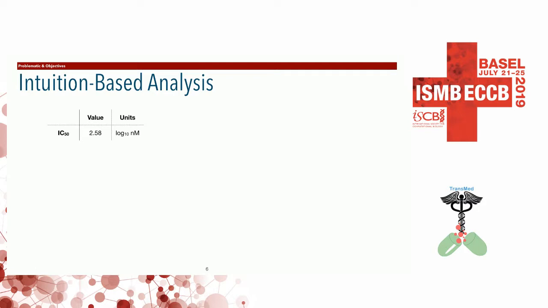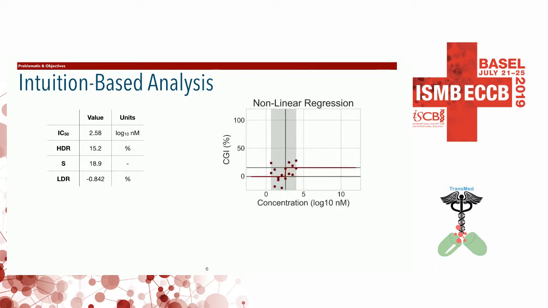But if we push our analysis a little further, we see that the maximal value is very, very low: only 15% inhibition of cell growth. And if we push even further and look directly at the curve, we would conclude that this compound is simply inactive.